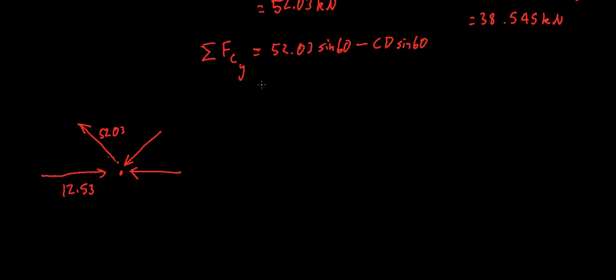Now let's see what we can do is, okay, is equal to 0. So then we bring that around, and we have CD sine 60 is equal to 52.03 sine 60. Divide both sides by sine 60, and we end up with CD is also equal to 52.03.